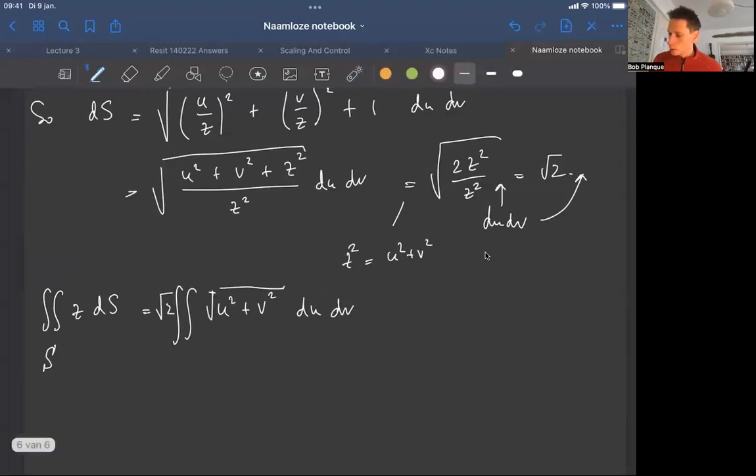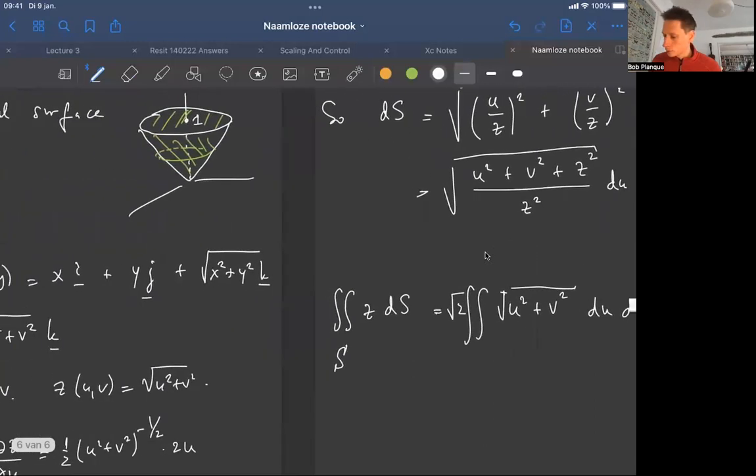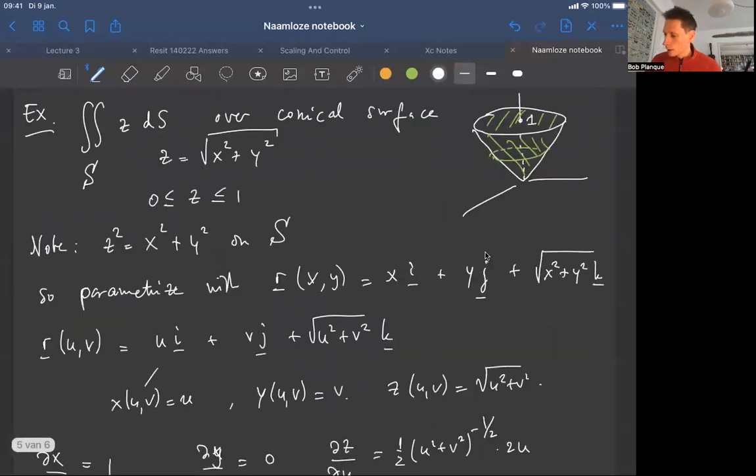And let's go back to this picture for a moment. So if the height here is 1, then clearly the uv domain that is underneath here is equal to a circle of radius 1.